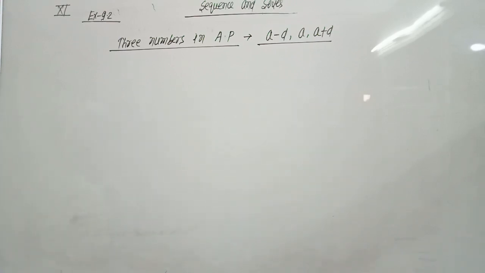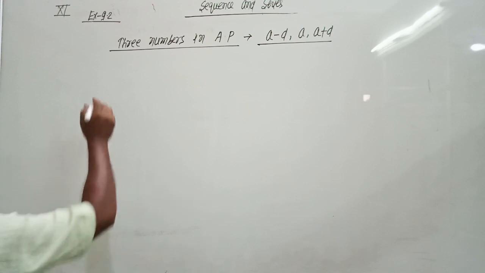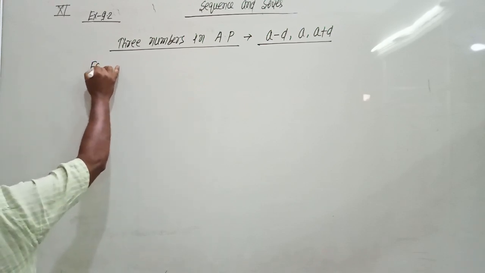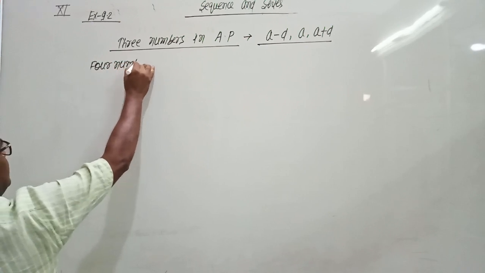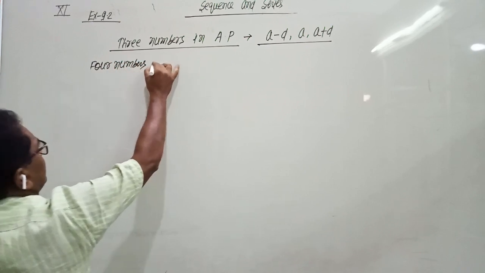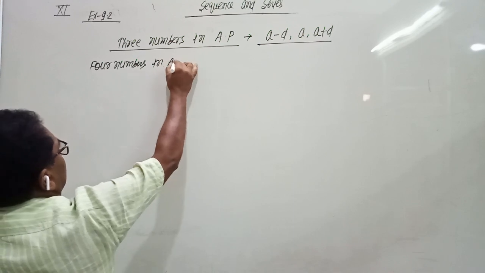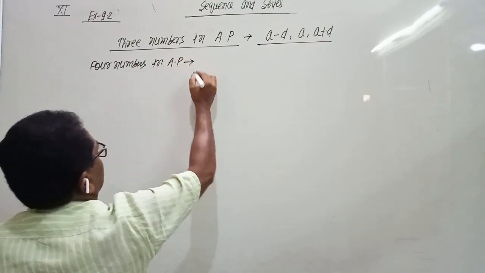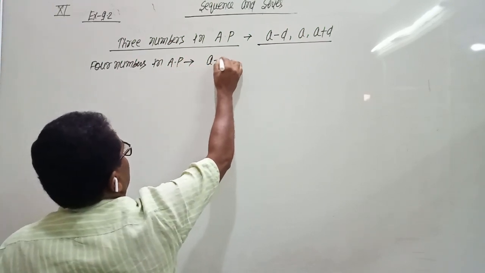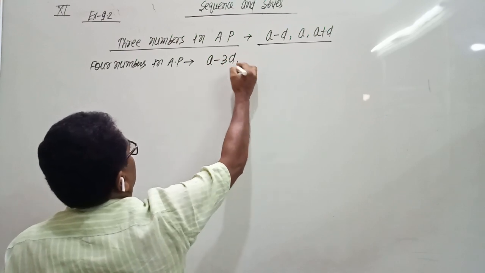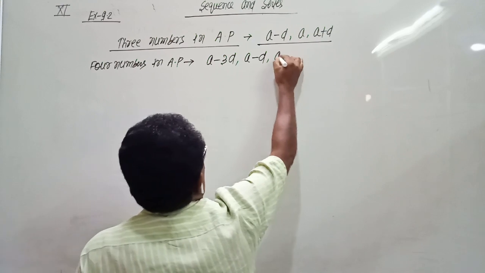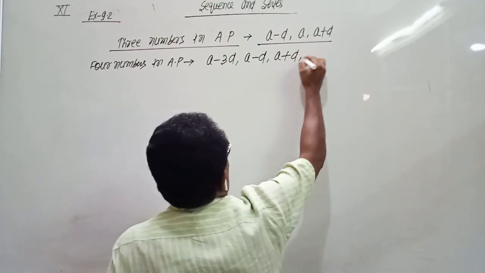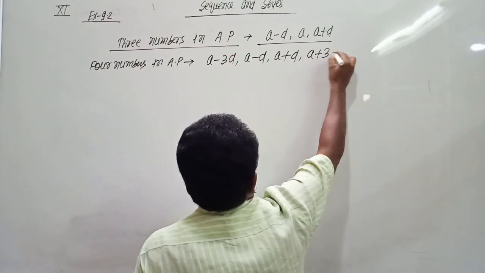Similarly, if we have to choose four numbers in AP, they are taken as a minus 3d, a minus d, a plus d and a plus 3d.